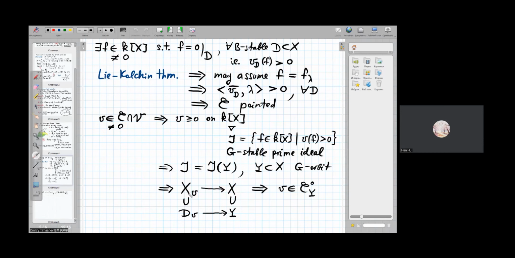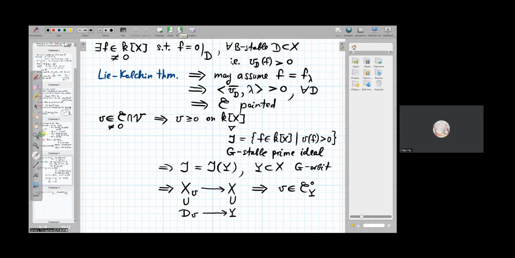We have considered an open B chart intersecting Y, and we have said that any function regular on this open B chart has no poles along D_v, and so this function is extendable as a regular function on the whole X_v. This was a lemma on the one but last lecture. Just check the proof. I have no time to come back to the proof because I want to prove this theorem.